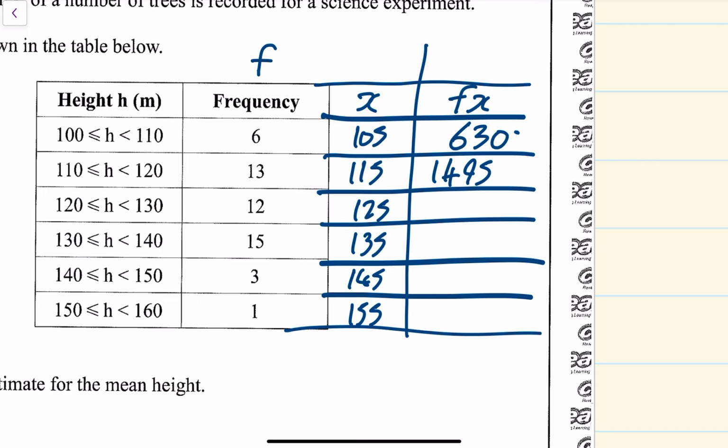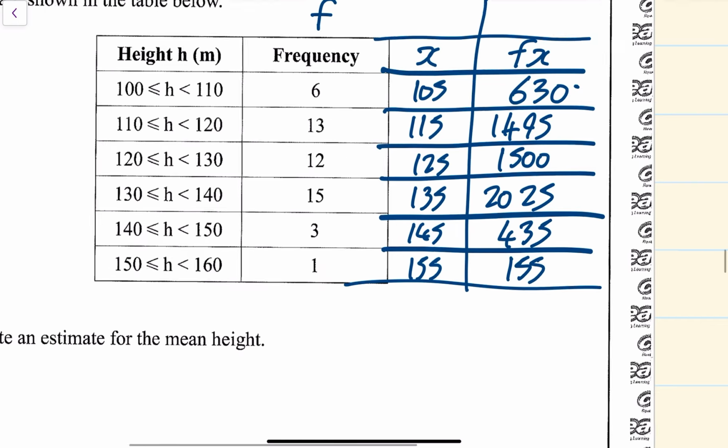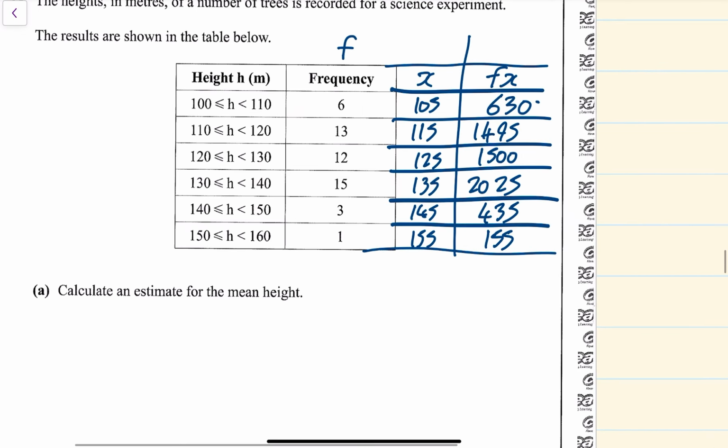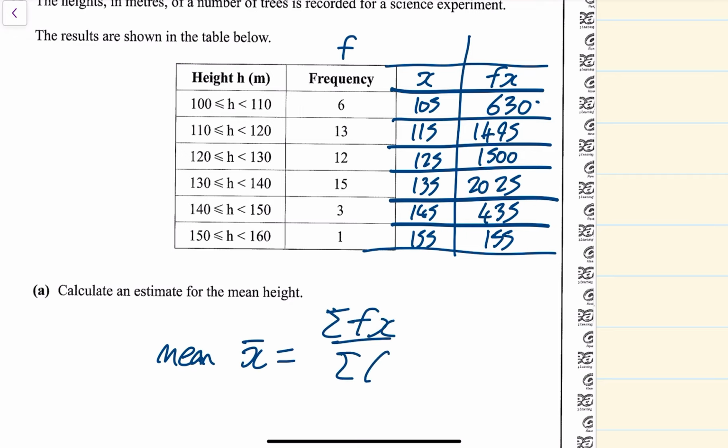The next one, 12 times 125 is 1500. 15 times 135 is 2025. 3 times 145 is 435. And 1 times 155 is this. Now, to get your mean, another way of saying the mean is x bar, is sigma fx divided by sigma f.